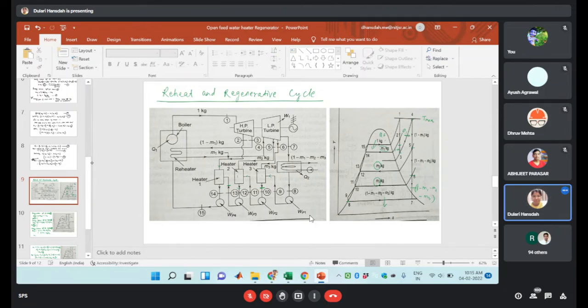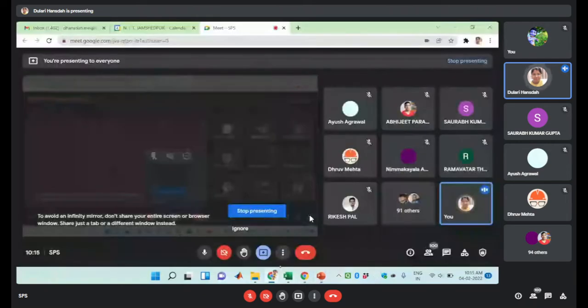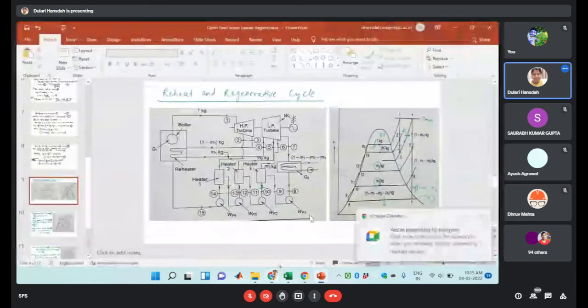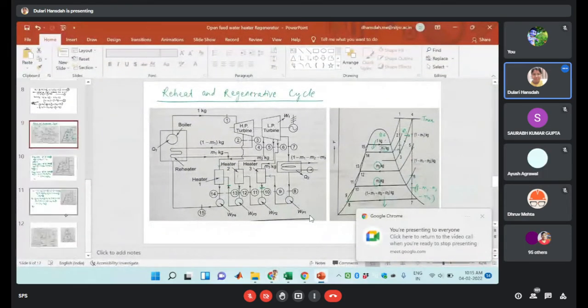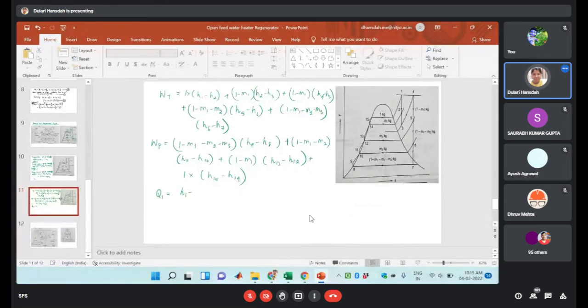Okay, so the mass will be how much at this process? 3 to 4. 1 minus m1. Right. So the heat addition in case of the boiler is H1 minus H15.